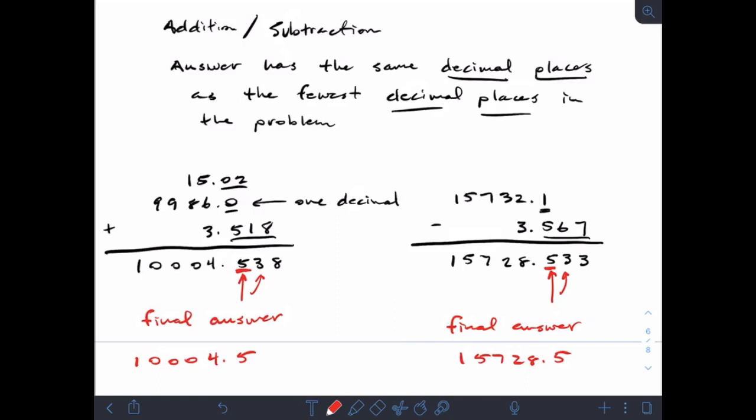And it was completely unintentional that both of those problems had a 0.53 in their answers. All right, so again, just to reiterate, we care about decimal places with addition subtraction, okay?